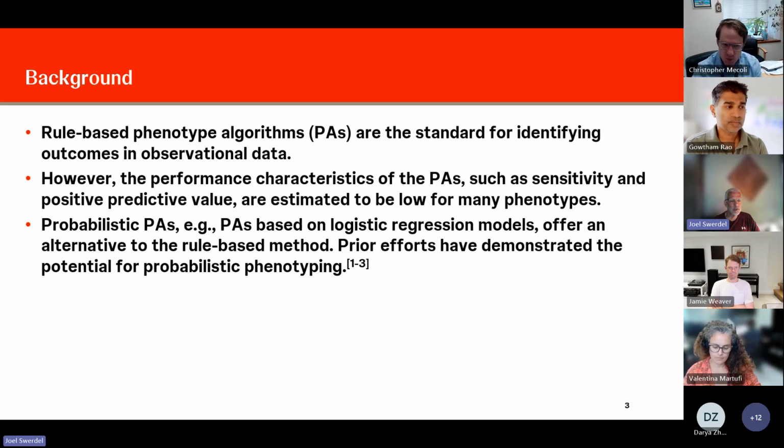Probabilistic phenotypes are an alternative. They're not new. I don't know if Juan's on the call, but Juan Banda and his group and his work at Stanford have been working on probabilistic phenotypes for a while with the Aphrodite tool set. And we're looking to build on some of that work with some of the stuff that we're doing here.